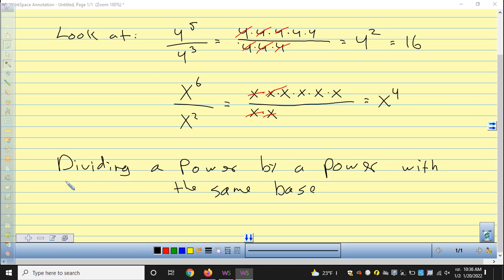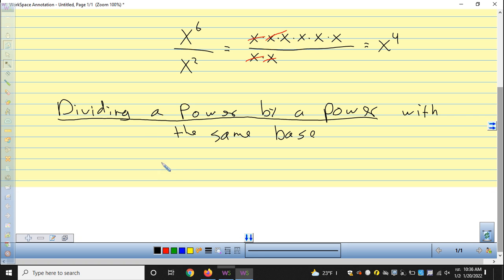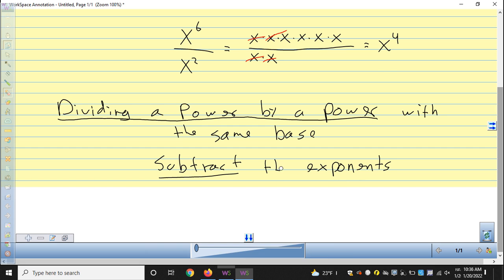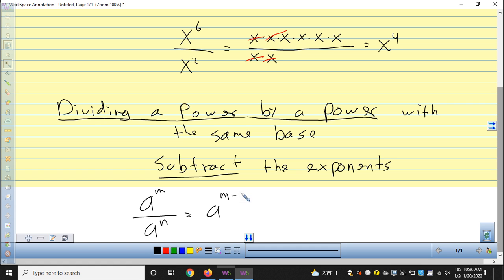Dividing a power by a power with the same base, we subtract the exponents. And in symbols, we would say a to the m divided by a to the n is a to the m minus n. We subtract the exponents.